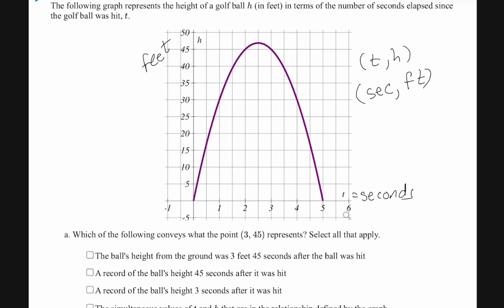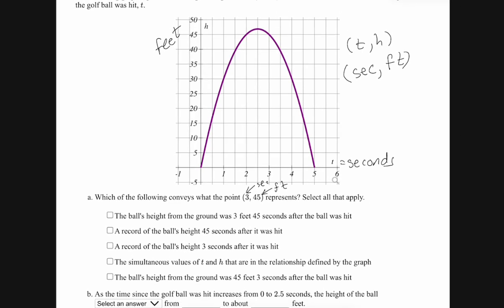So all they're really saying is, what does that mean? Well, that means that at 3 seconds, 3 is your seconds, 45 is your feet. At 3 seconds, we're at a height of 45 feet. So it is a record of the ball's height 3 seconds after it hits, or whatever your first number was.